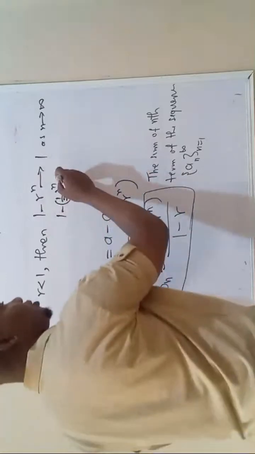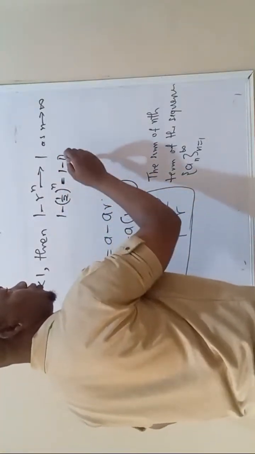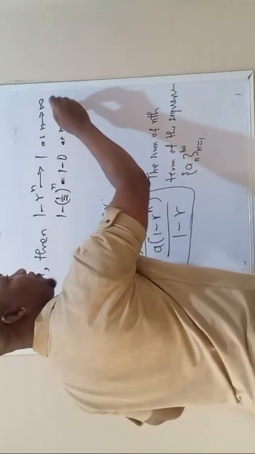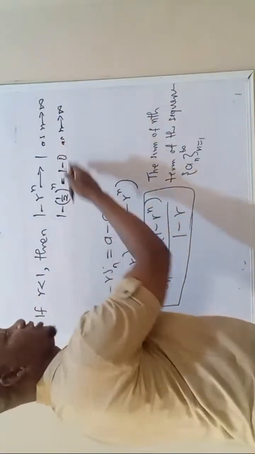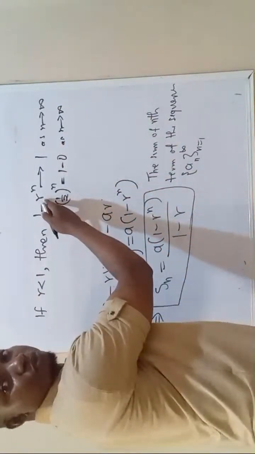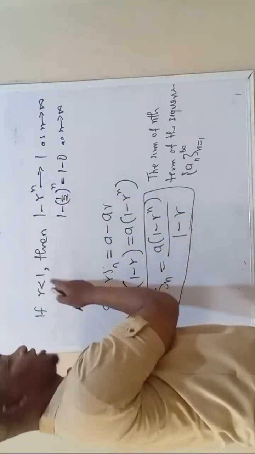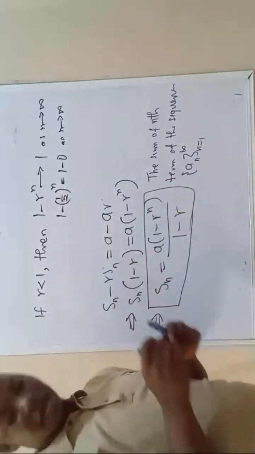So this term here will be equal to 1 minus 0 as n tends towards infinity. Because if you find the limit of this when n goes to infinity, putting the fact that this r is now half, which is less than 1, this goes to 1. That is the assumption we are making here.